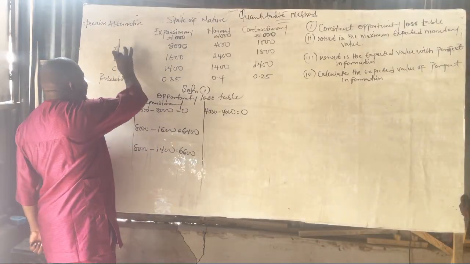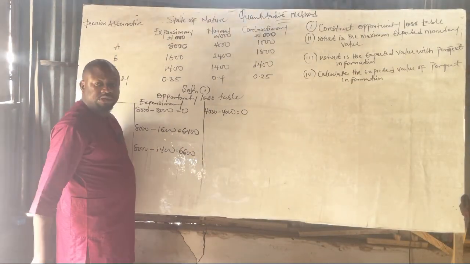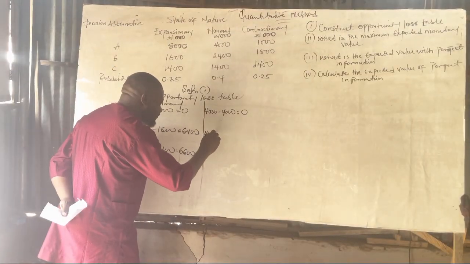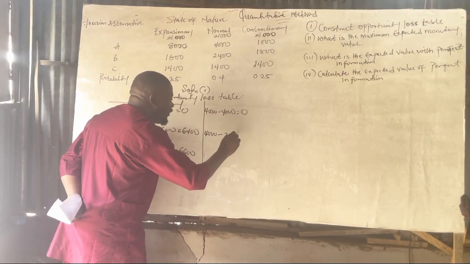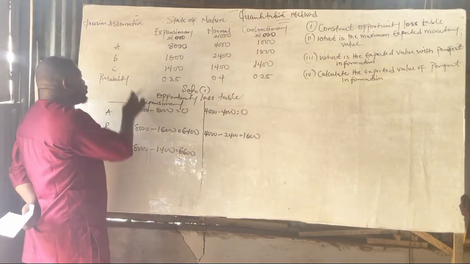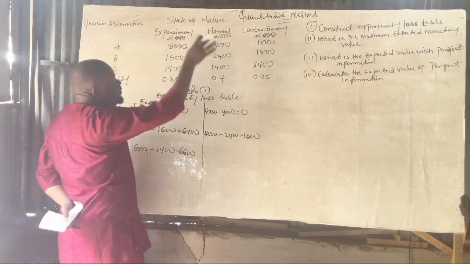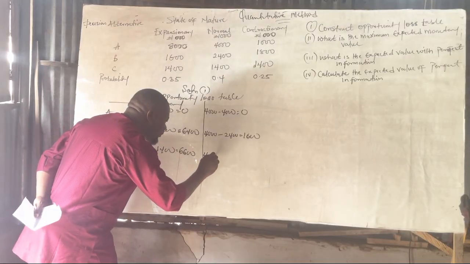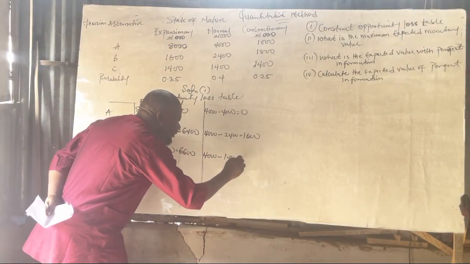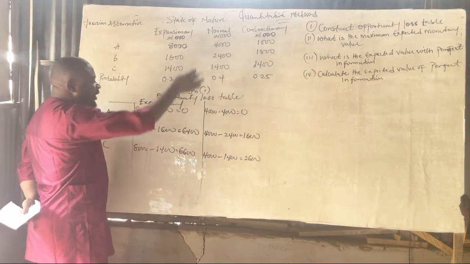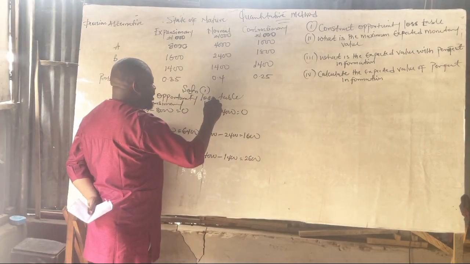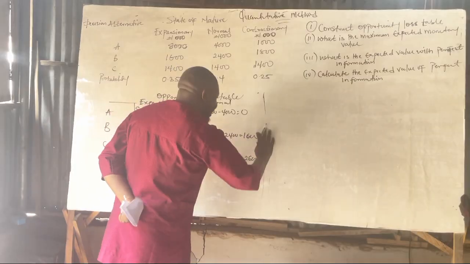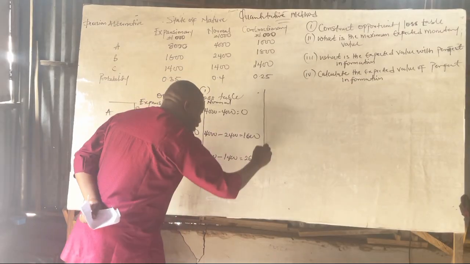Now if he chooses to embark on B in this state, which is not the best one, he'll be losing 4,000 minus 2,000, which is 2,000. If you choose to embark on C, which is not the best payoff in this state, you'll be losing the difference. Now this is based on normal. Now let's see the last state of nature, which is contractionary.